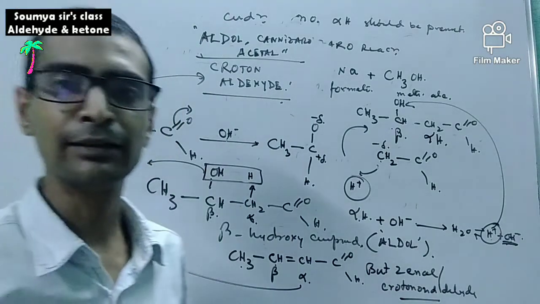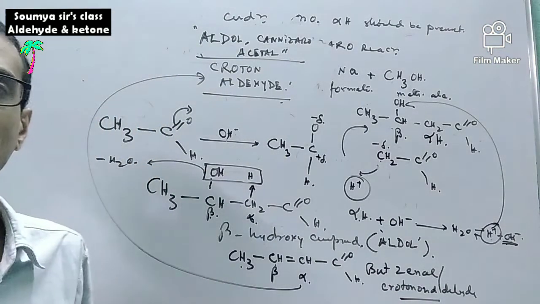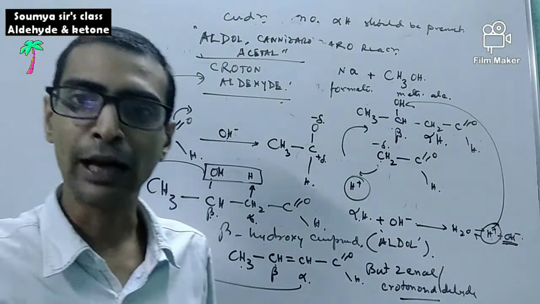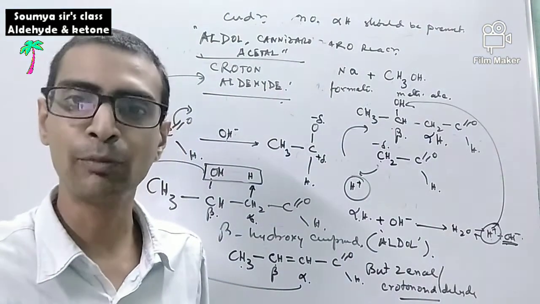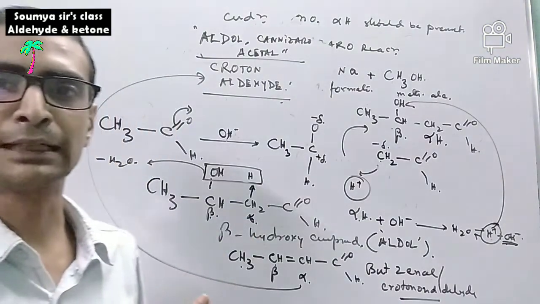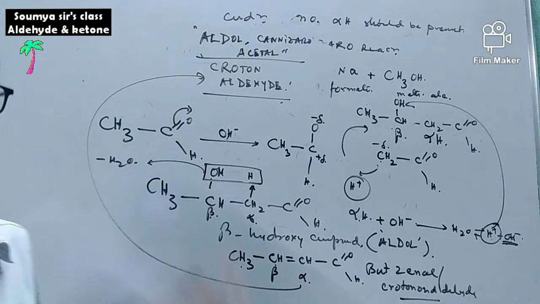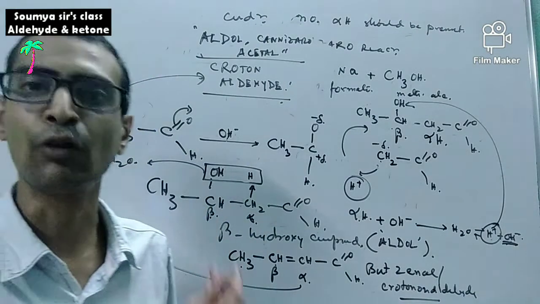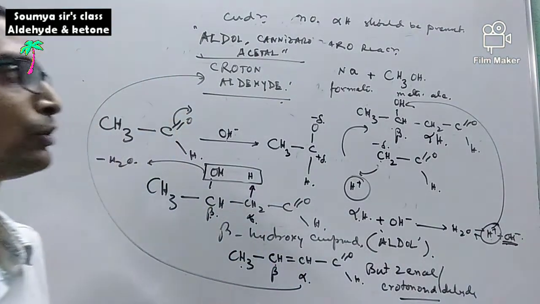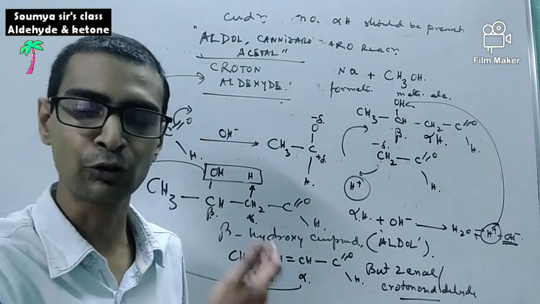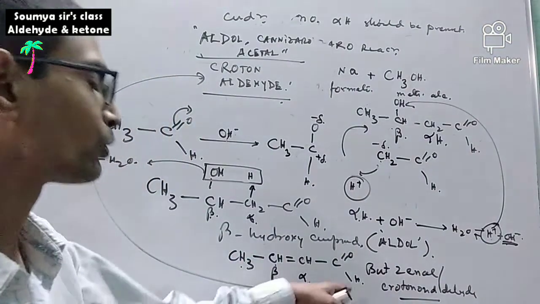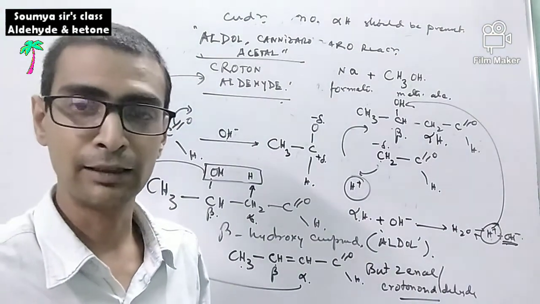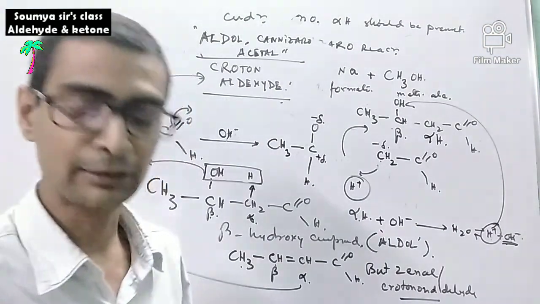So this was a class about the general reactions of aldehyde. I have only talked about acetaldehyde here, not generalized aldehyde. Yes, I have told that formaldehyde gives urotropine and acetaldehyde forms crotonaldehyde, but these are not reactions of acetaldehyde or formaldehyde exclusively.